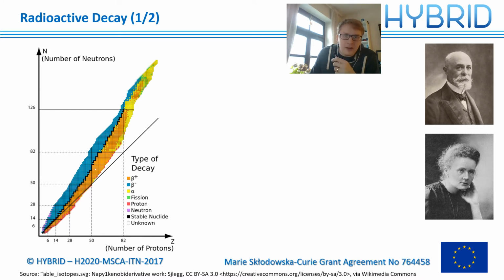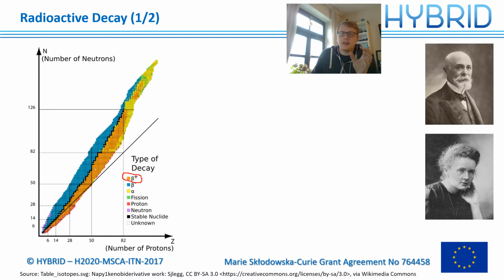So let's say we look at the nucleus and we have a certain number of protons and a certain number of neutrons in this nucleus. And depending on the number of those, they are stable or they are unstable. And if they are unstable, they may decay. So all of those orange nuclei, all of those isotopes, you can see here, decay by beta plus decay.